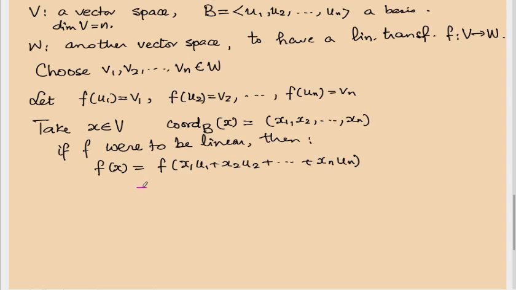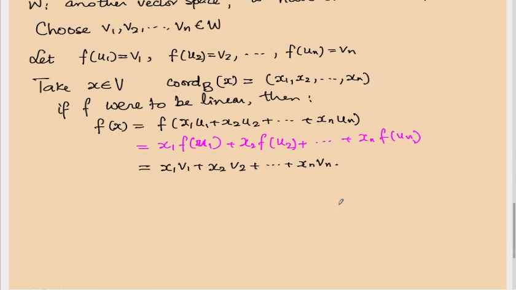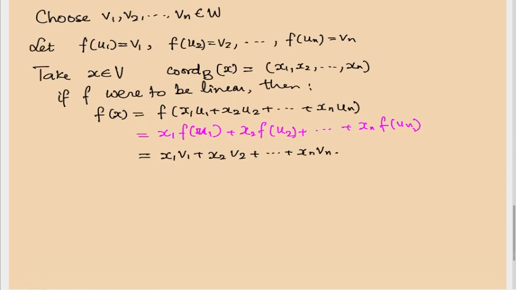If this had to be linear, then this must be equal to x1 times f u1 plus x2 times f u2 plus xn times f un, which is then x1 times v1 plus x2 times v2 and so on. And I'm saying this is a linear transformation. Okay, so that's the magic fact.